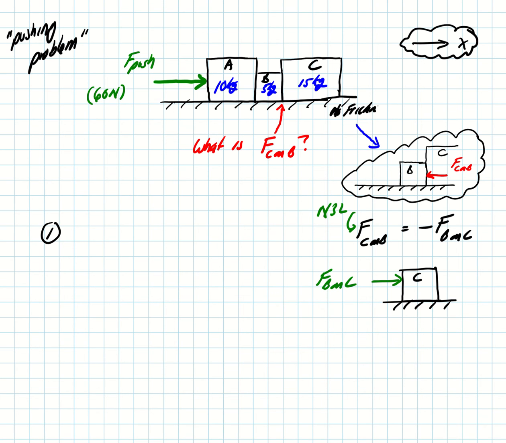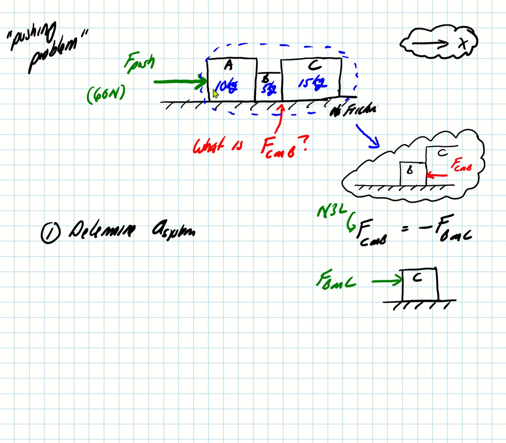So step one, determine the acceleration of a system of boxes. We're going to use that word system a lot in chapters on energy and momentum. This is kind of our first use of it. But for the beginning part of this problem, I don't really want to think of these as three separate objects. I just want to think of them as a clump of mass.